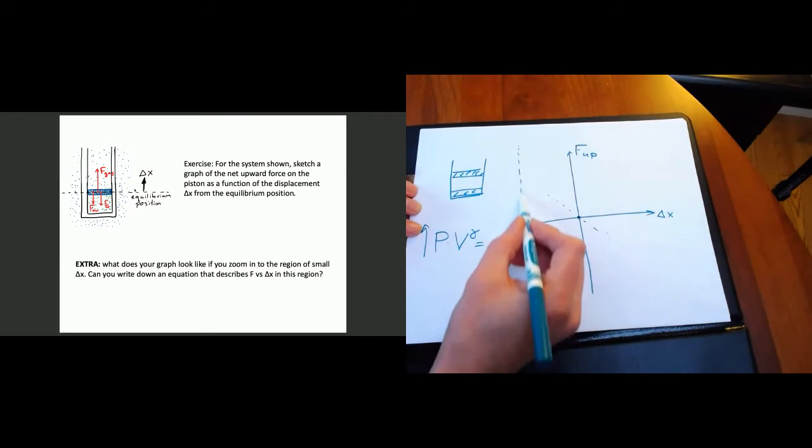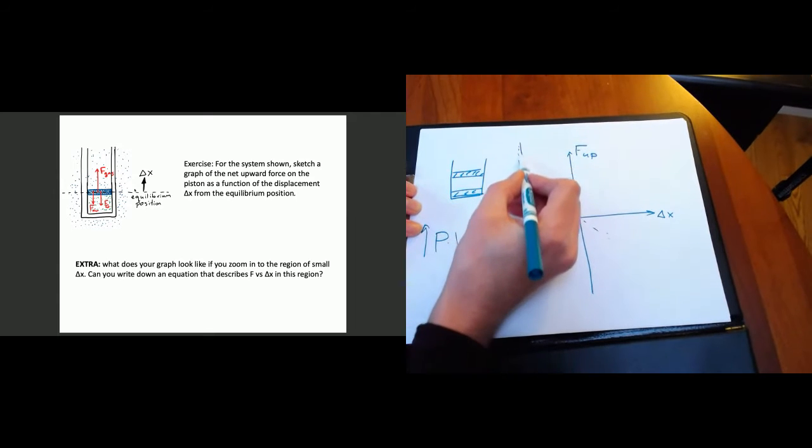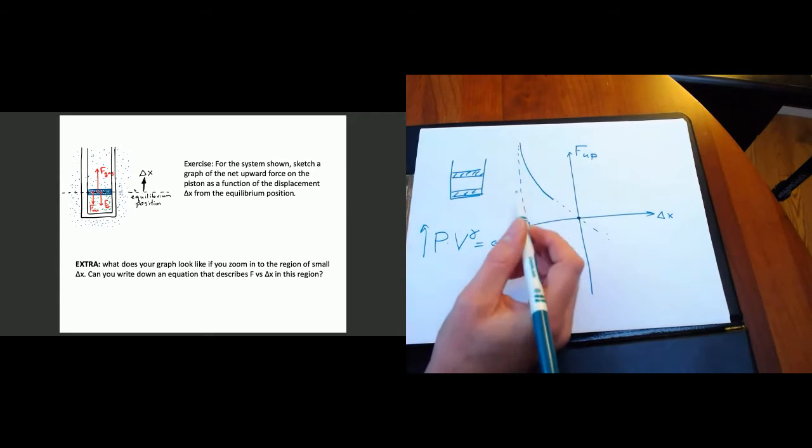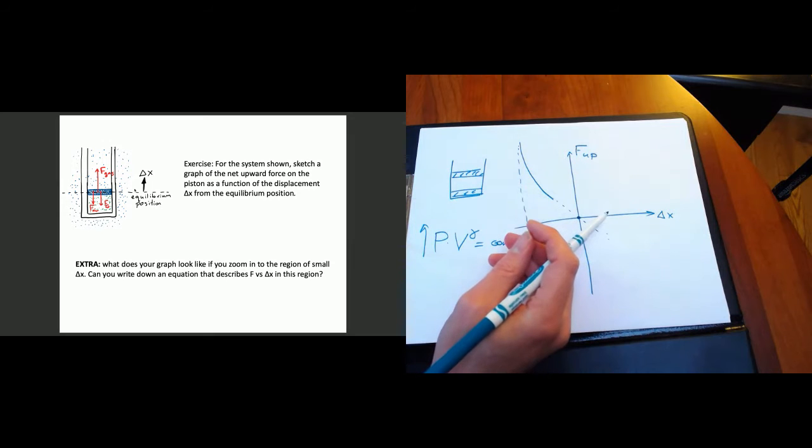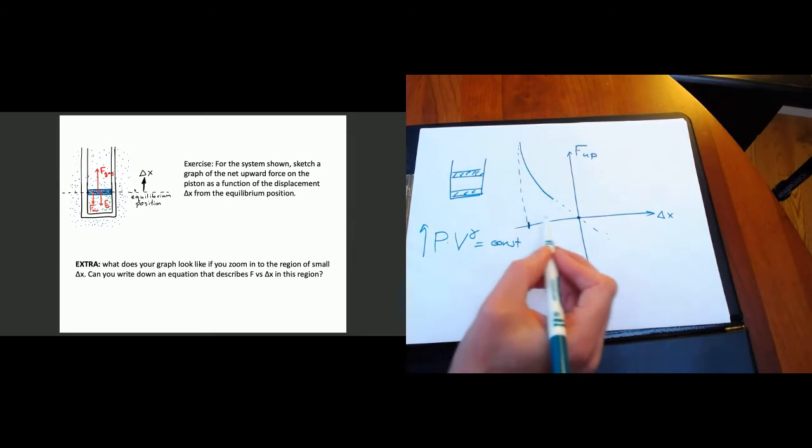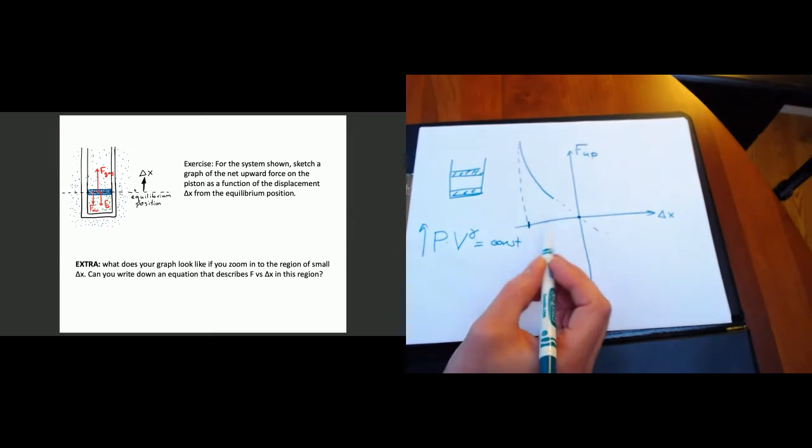And so according to that, we would have an asymptote here for our upward force, because that inside pressure is just getting larger and larger. It's approaching infinity as we approach 0 volume.